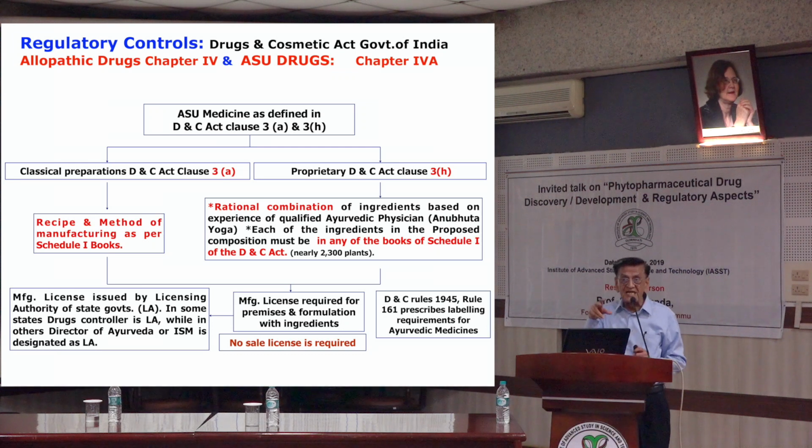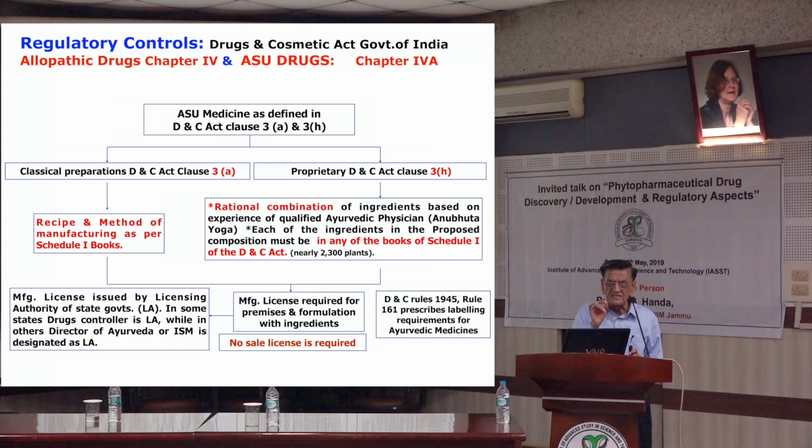So that is where science can go into the proprietary product. But the number of plants is about 2,300. It means the rest of the plants which are used by tribal people are not covered. Therefore, this knowledge is restricted only to the ASU drugs where those plants can be used.